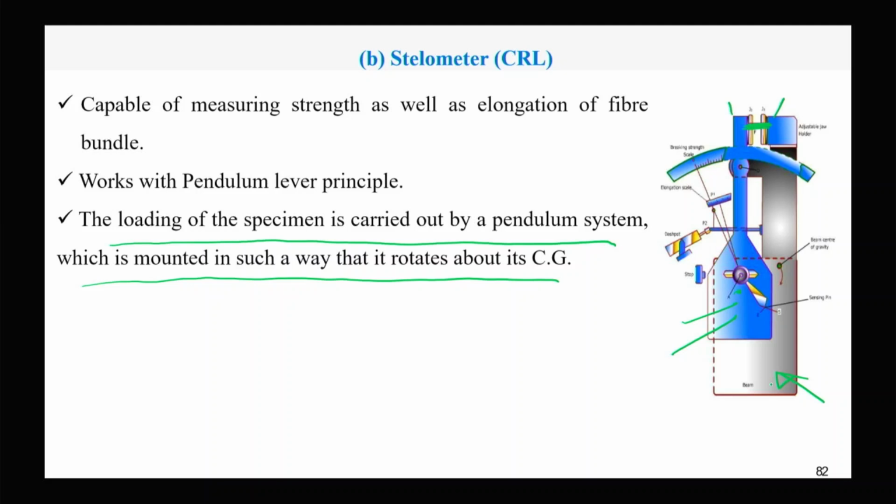The beam is relatively heavy, and when the beam is released, it will rotate clockwise so that its center of gravity comes just below this pivot point.